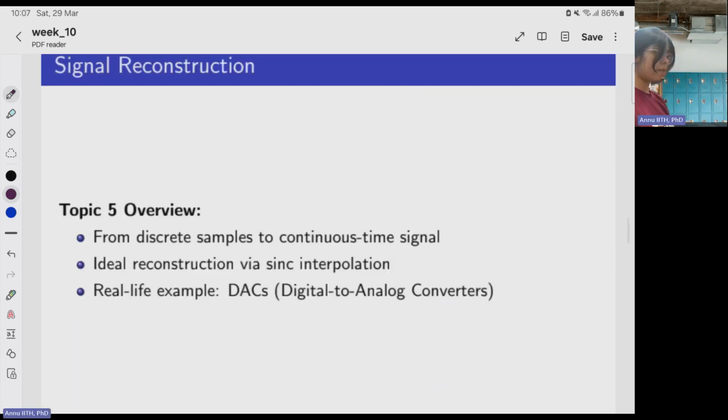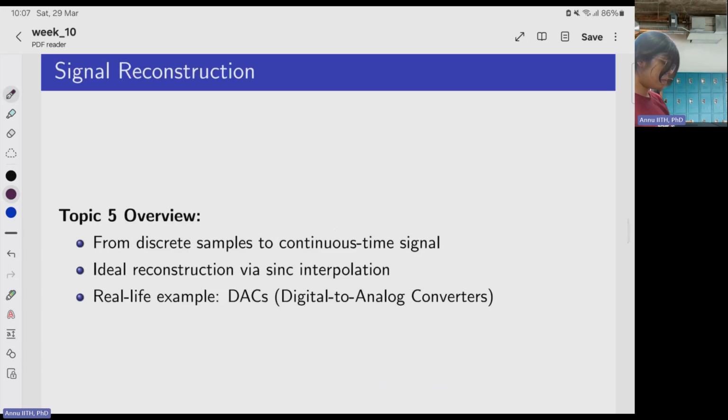Signal reconstruction is the primary topic, which forms a continuous-time signal from discrete samples.